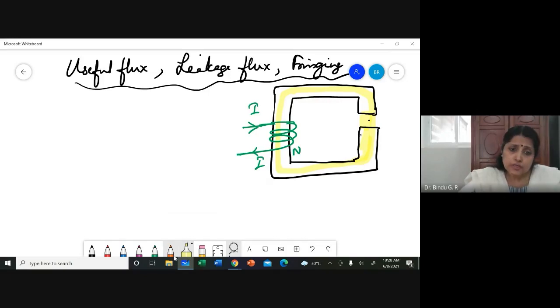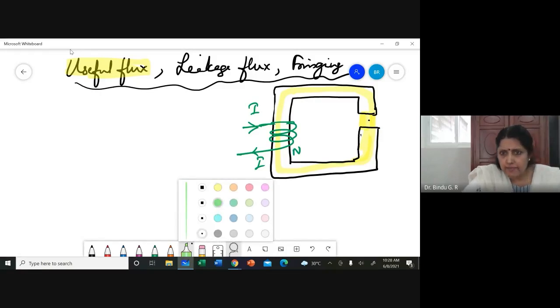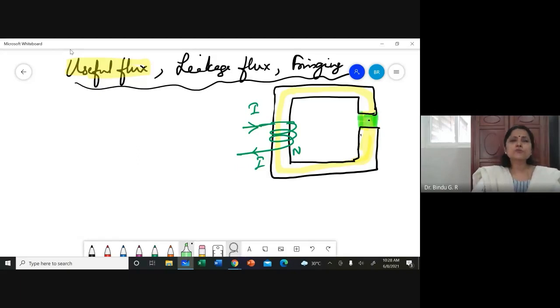Now, the flux formed in the air gap alone is known as the useful flux. Why is it called useful flux?